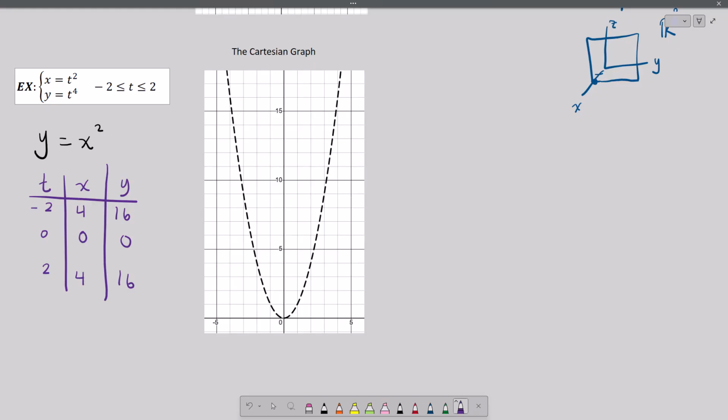So when t is -2, we're at 4, 16. And then when t is equal to 0, we're down here. But then when t is equal to 2, we're back up here again. So this parametric curve is coming down, hitting the origin, and then turning around and going back.